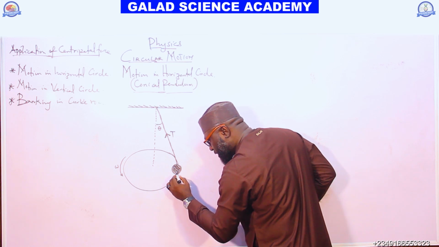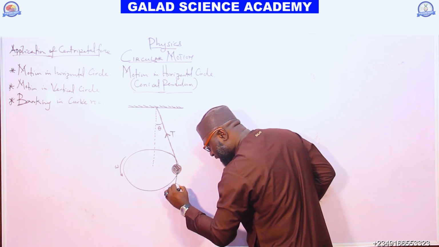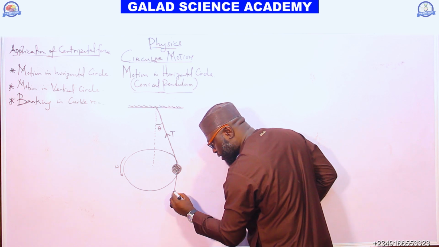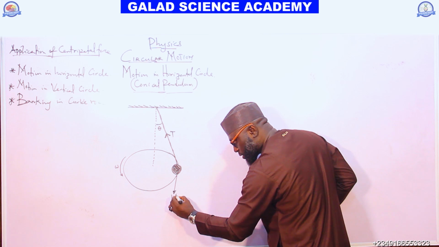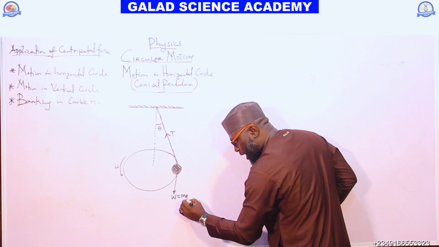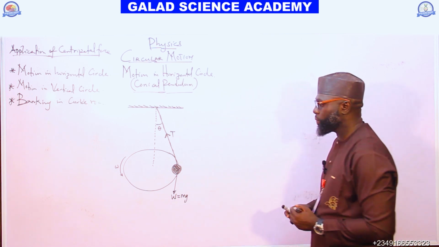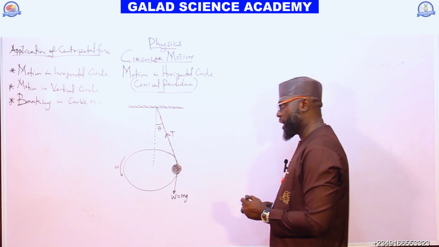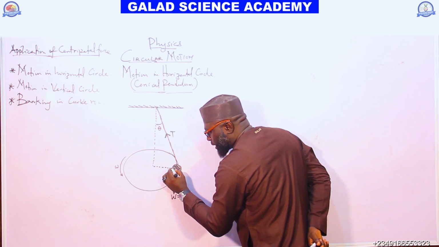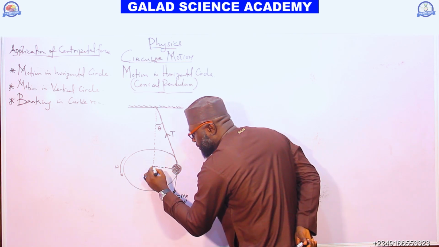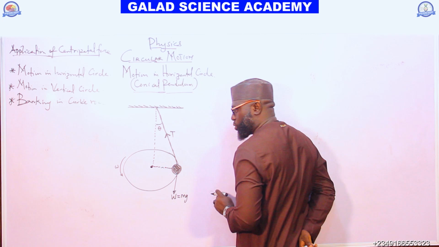And the weight of this ball is acting downward. And the weight is mg. So let's join this place to this side. This is the center of the circle.